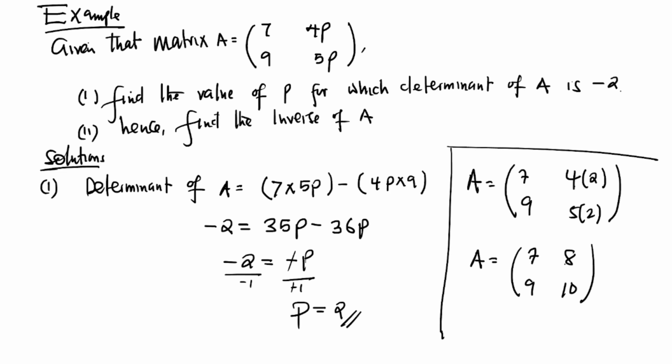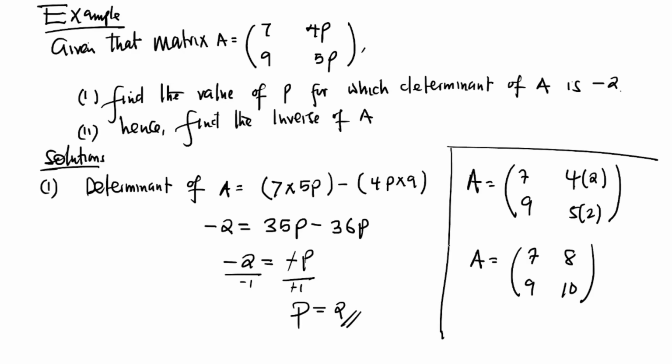Okay, so when finding the inverse, we know what's going to change. Okay, so how do we find the inverse of that matrix? I told you the inverse of A is going to be equal to, our 10 becomes there, our 7 will be here. Then the 9 and the 8 there, as you can see, they're just going to change the sign because all of them are positive. So they're going to be what?